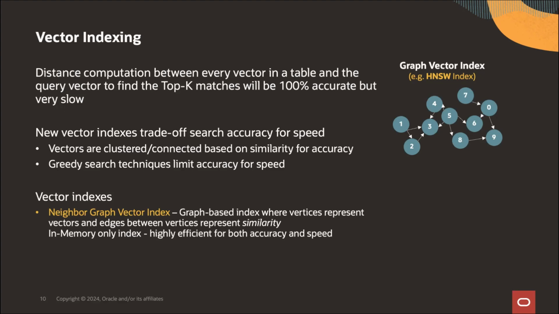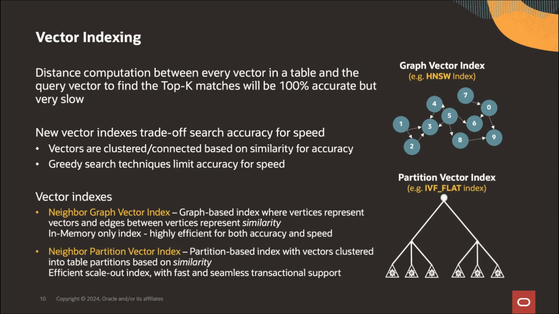It is a highly efficient way to find the chunks and the related vectors. But you can also use a cluster based on partitions. In this case, you have transaction support, and the data are stored in partitions in the database, so they are safe in terms of a system crash.